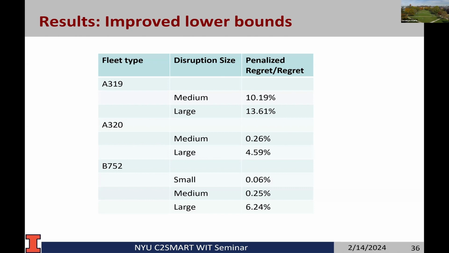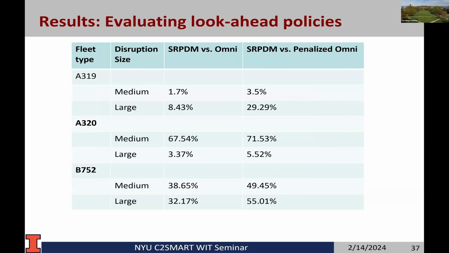That's one story. Now, what does that mean in terms of information? If I measured my look ahead model that I showed you with predictions against the omniscient bound, the normal regret bound, I would say I bridged the gap by 1.7%, or 8.43%, or 67%, or 3.67% in those particular networks.